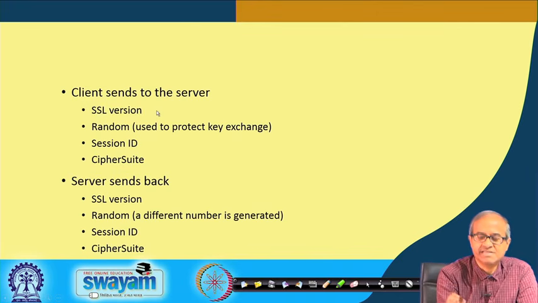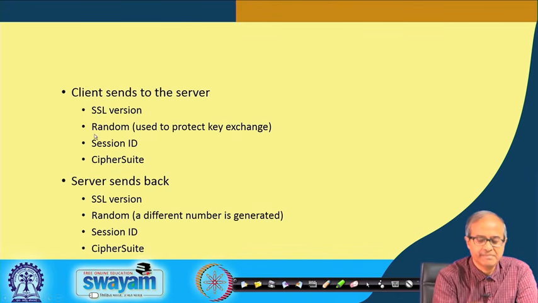Like the main things that are sent are the SSL version, some random number, session ID and cipher suite, that is, which cipher we are negotiating right now, is it encryption, hash or whatever. Similarly, server will be sending back very similar things.